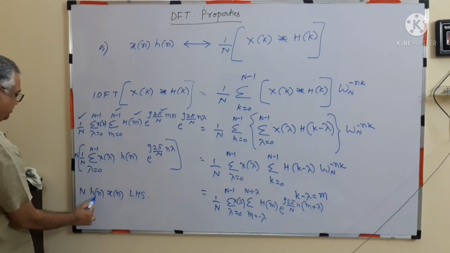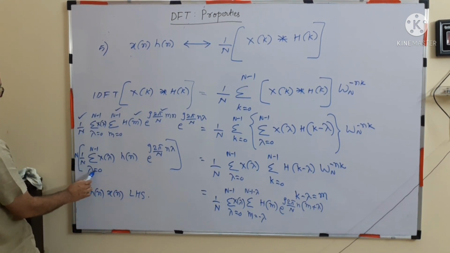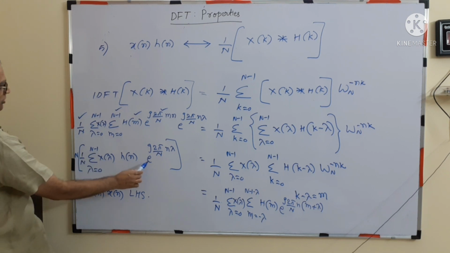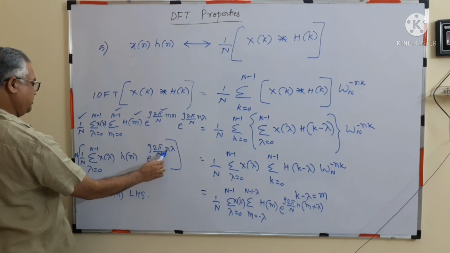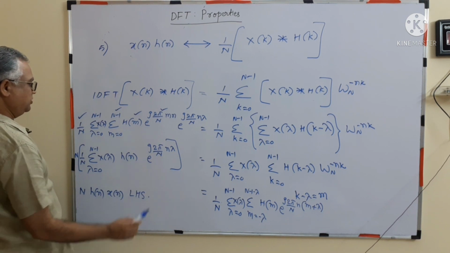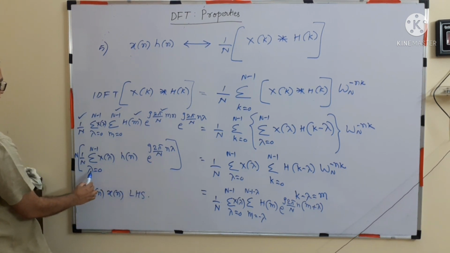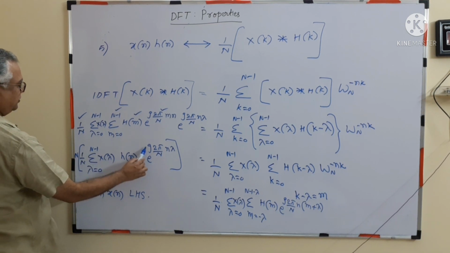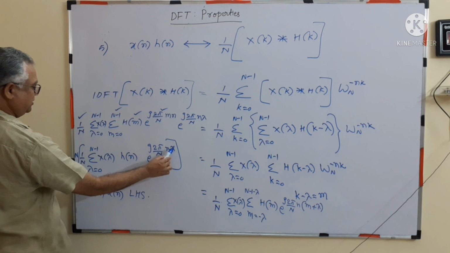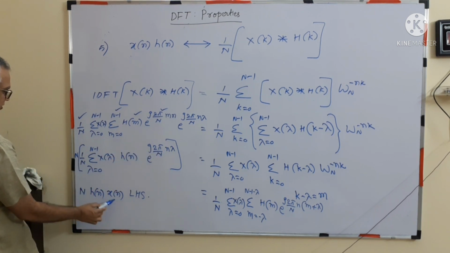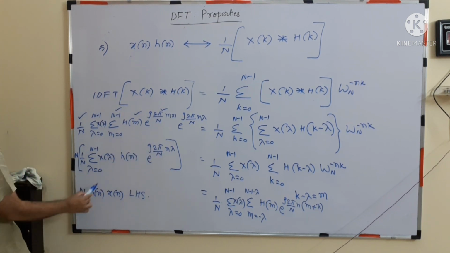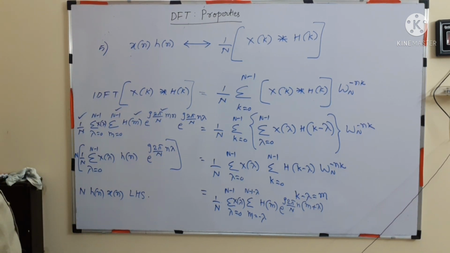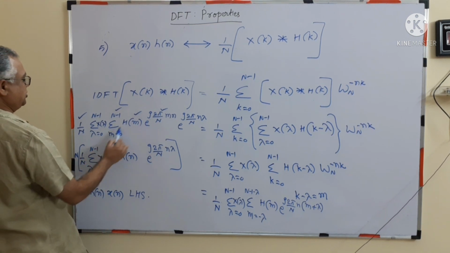This H of n is written, and 1 by N, lambda 0 to N minus 1, X of lambda, e power j 2 pi by N lambda. This lambda you can change to k also. K equal to 0 to N minus 1, X of k, e power j 2 pi by N k. Similar to IDFT. So that is nothing but X of n. This is H of n. This m can be changed to k also.